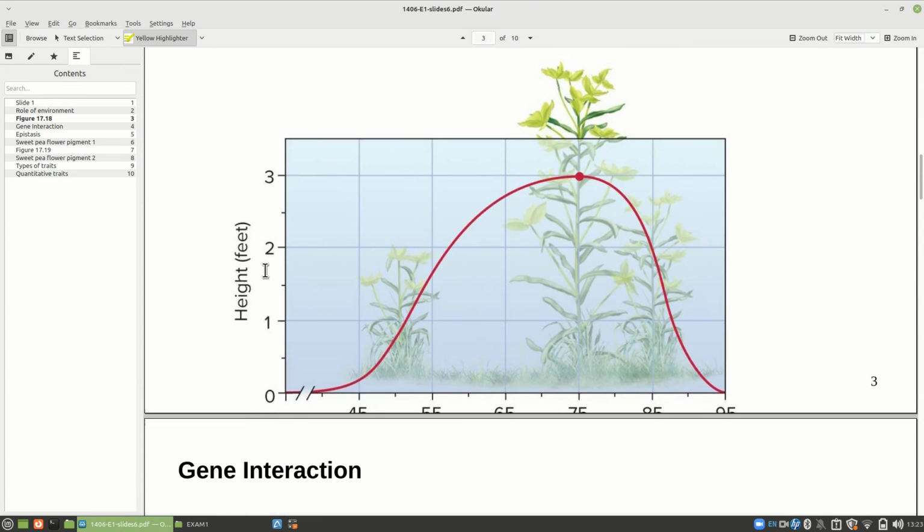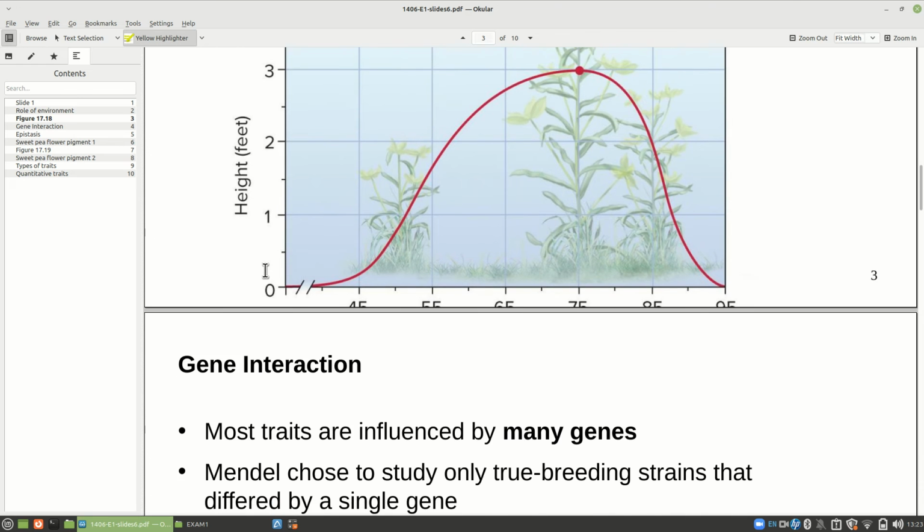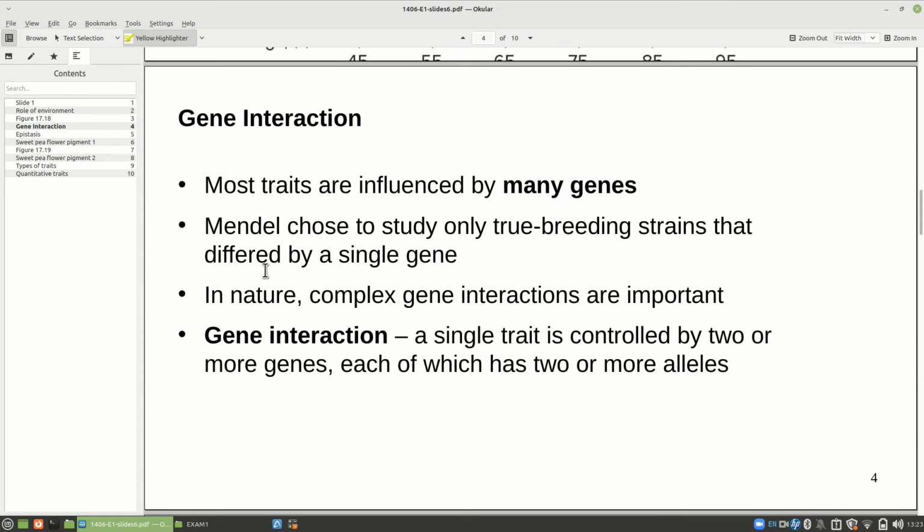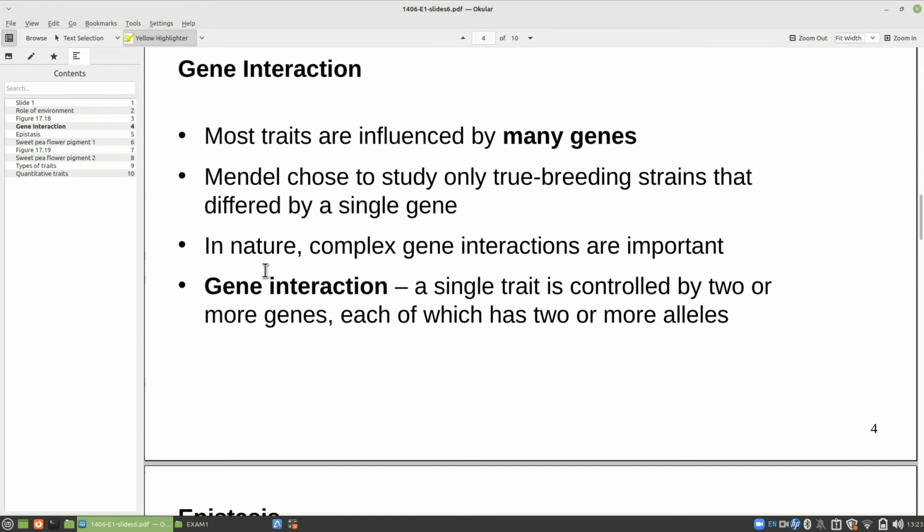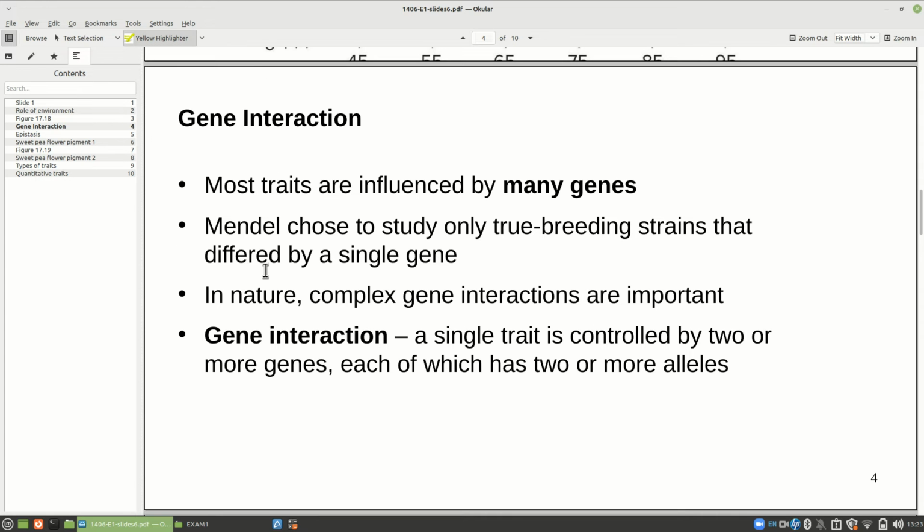All right, so here we do it with plants and gene interaction, but most traits are influenced by many genes. I mentioned that hair color, for instance, was a very complex trait with about a dozen different genes affecting it. Same with eye color. The reason Mendel didn't study these genes was because it was too complex.